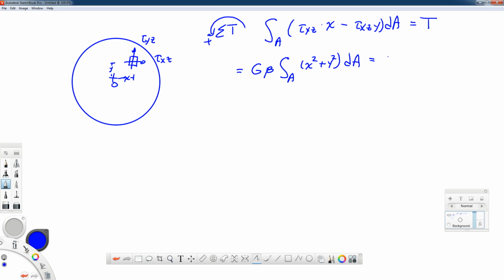We can convert that into a polar coordinate type variable, so we have an r squared dA. And this r squared dA is only a function of the cross-sectional properties. This is known as the polar moment of inertia. I'm going to use the symbol I sub p.